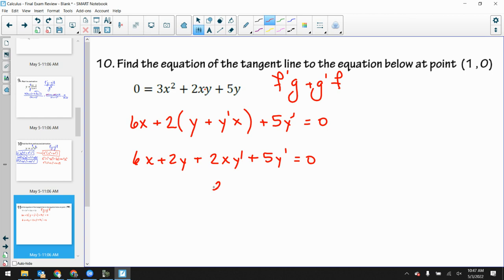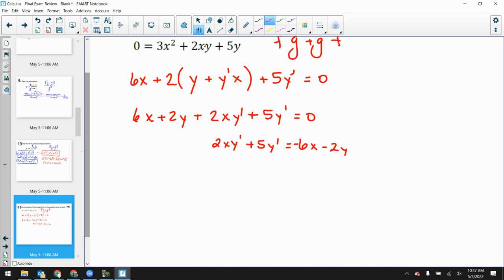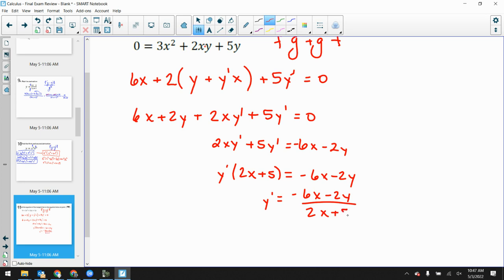So this is 2xy prime plus 5y prime. I subtract the 6x. I subtract the 2y. I factor out the y prime. Both of these terms have a y prime in them, leaving me with a 2x plus 5. I divide over the 2x plus 5. So y prime is equal to negative 6x minus 2y over 2x plus 5.